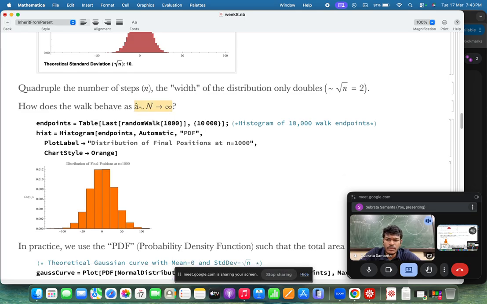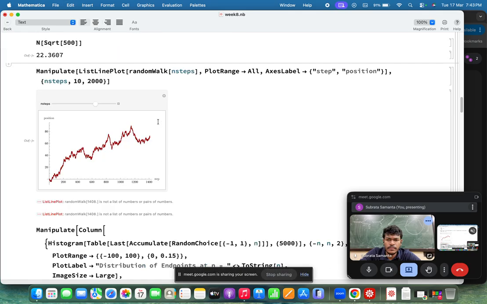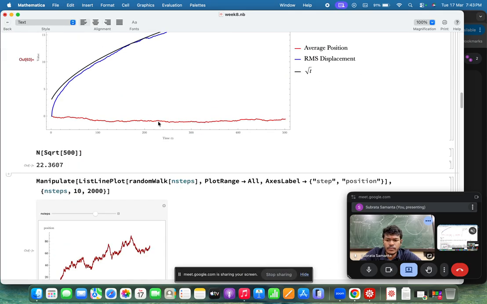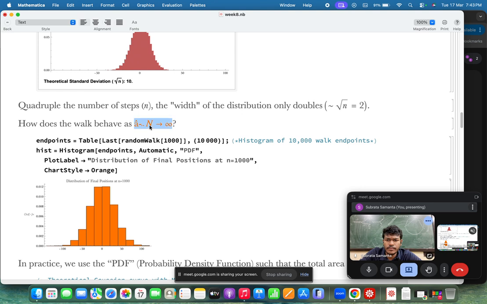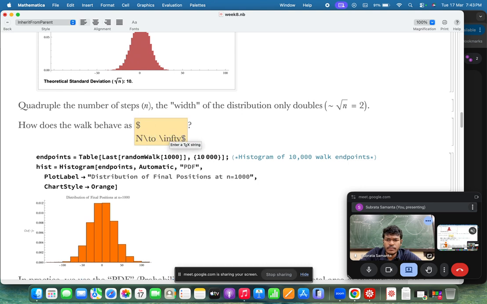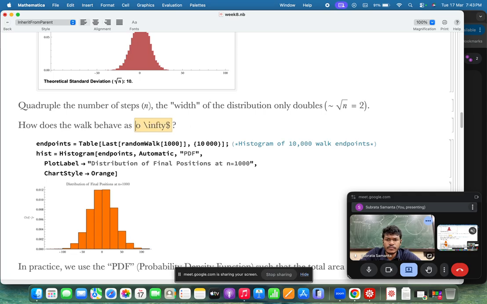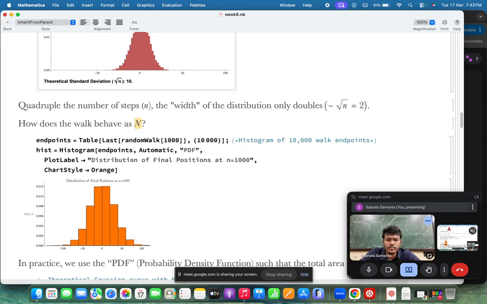So, it's basically capital N goes to infinity.